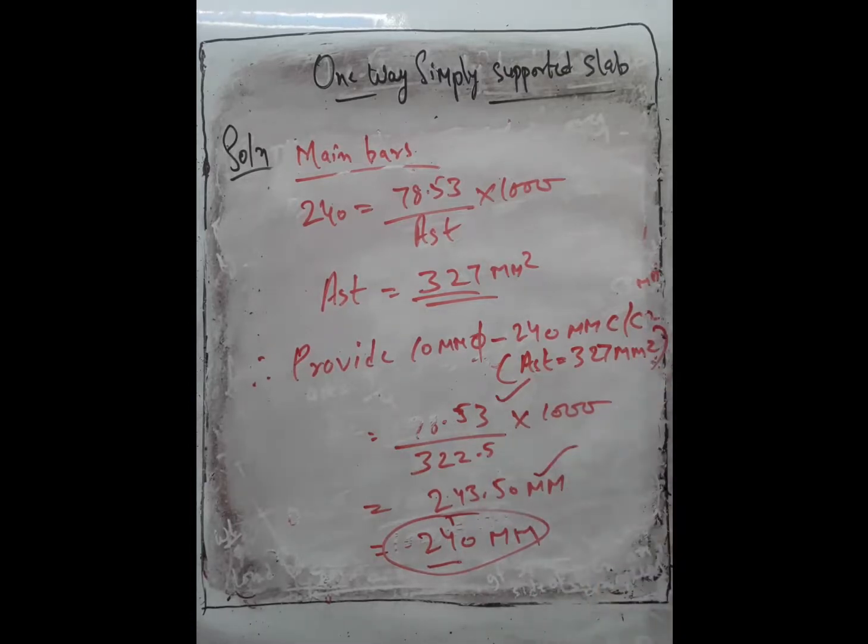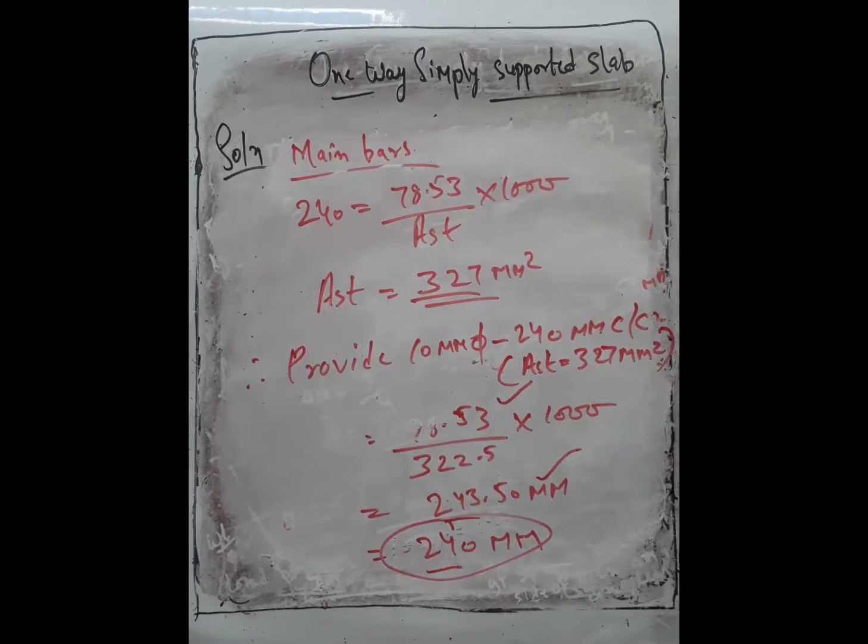Okay, so in this way you have to provide 10 mm dia, 240 mm center to center spacing, and AST is 327, because here we do not find the number of bars, and you already know how we find the number of bars. So this is the way how we find the steel for main bars.